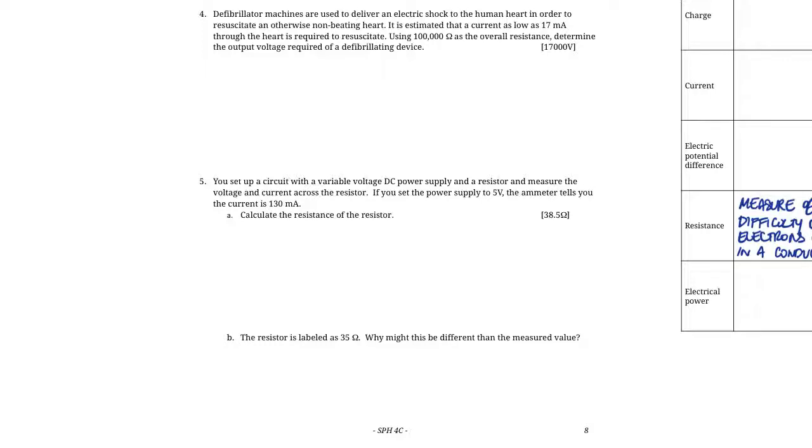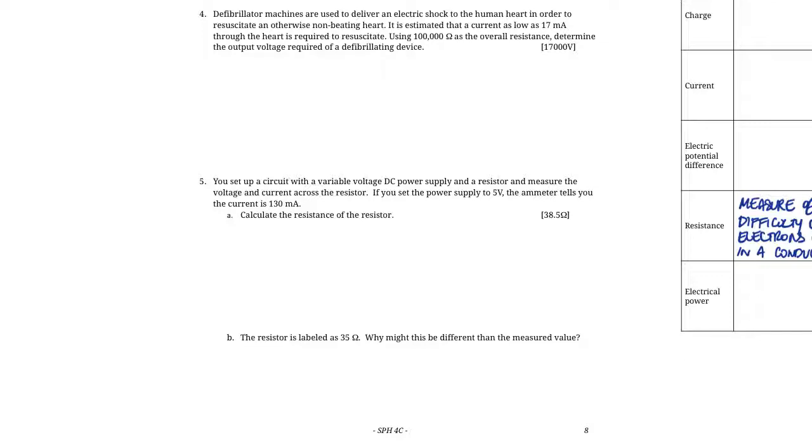So what I want you to do now, I want you to try questions 4 and 5 yourself. I'm actually not going to go through the solutions to those because I think you can handle them. I think you're capable of doing that. So just to get you started though, question 4 requires us to calculate the potential difference or the voltage required for a defibrillator machine, you know, the ones that can restart your heart if it starts beating funny.